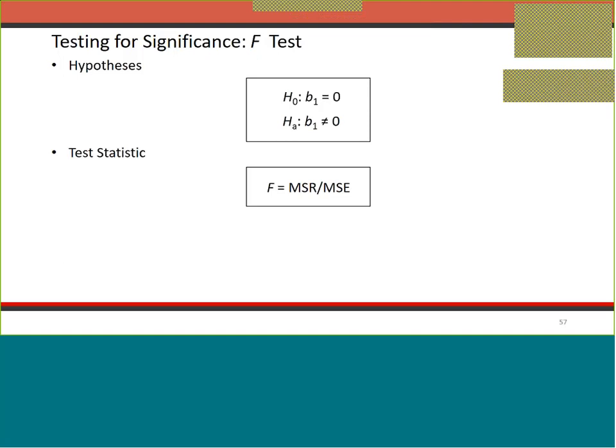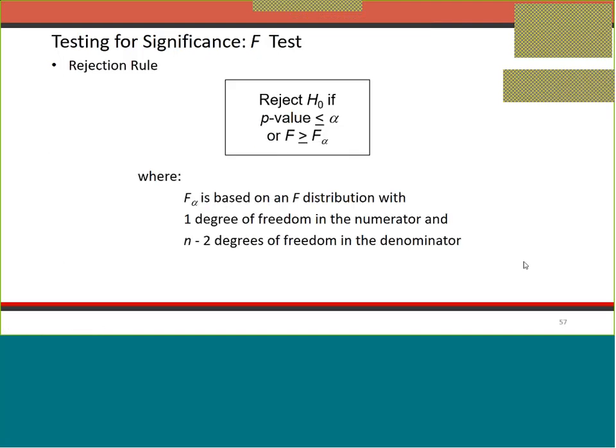So F is given by mean square due to regression by mean square due to error. Same rejection rule: reject H naught if p value is less than or equal to alpha, or if your calculated test statistic comes above your table value.